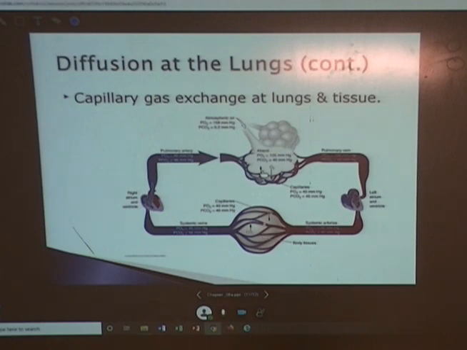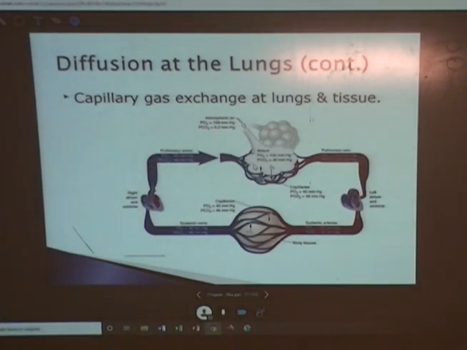We're going to assume that it's lower in the tissue because the oxygen can cross out of the bloodstream into the tissue. And then we've got our nice low 40 again, around back to the right atrium, into the right ventricle, back to the lungs. Okay.